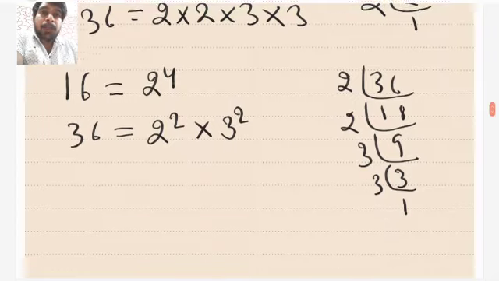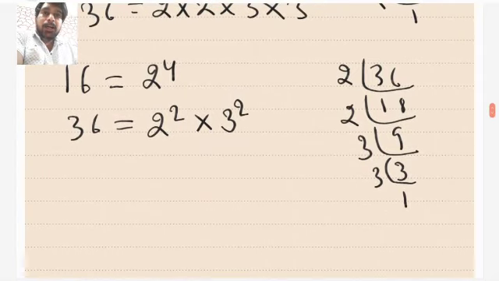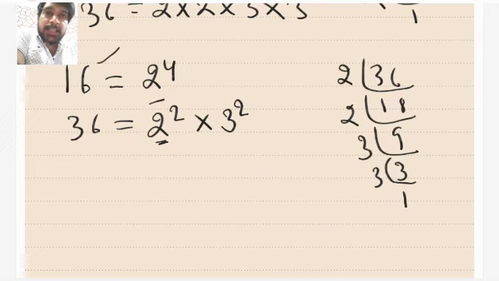Is it clear? Now to find out HCF, you have to take the common prime factor with the least power. The common prime factor here is 2, because that is occurring in the prime factorization of 16 as well as in the prime factorization of 36. You have to take it with the least power.